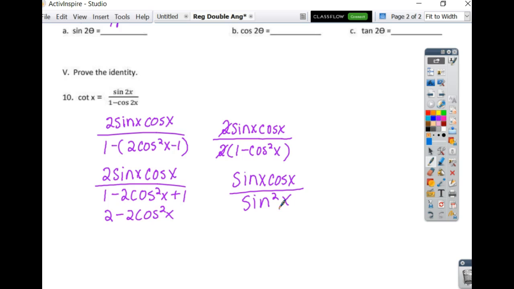Now what happens? The sine cancels. I have cosine over sine, which is cotangent, and I win the game.